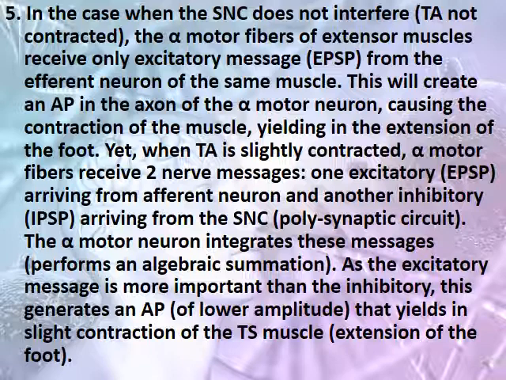Yet, when the tibialis anterior is slightly contracted, alpha motor fibers receive two nerve messages, one excitatory arriving from the afferent, another inhibitory arriving from the SNC polysynaptic circuit. The alpha motor neuron integrates these messages and performs an algebraic summation. As the excitatory message is more important than the inhibitory, this will generate an action potential of lower amplitude that leads to a slight contraction of the triceps surae muscle, extension of the foot.